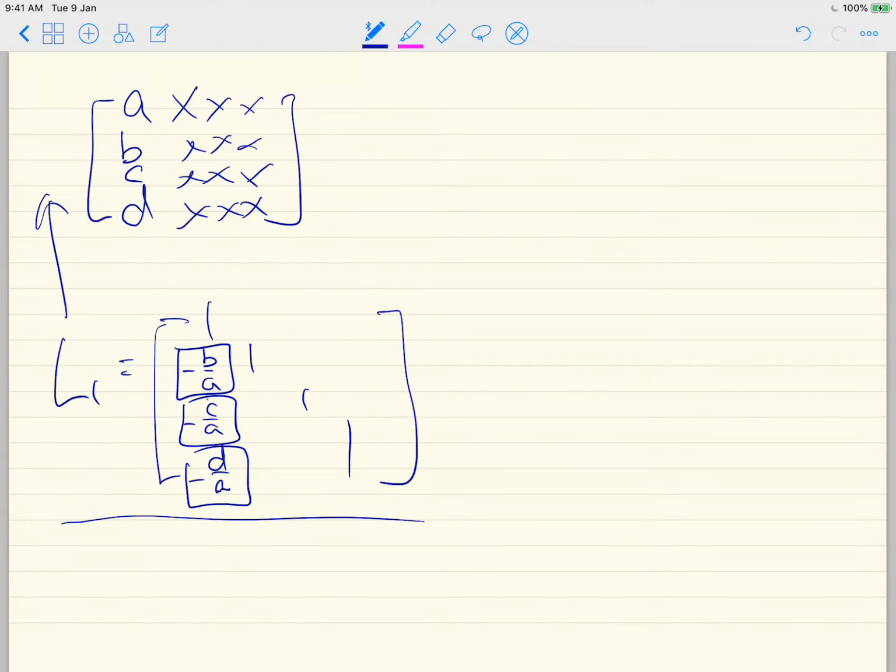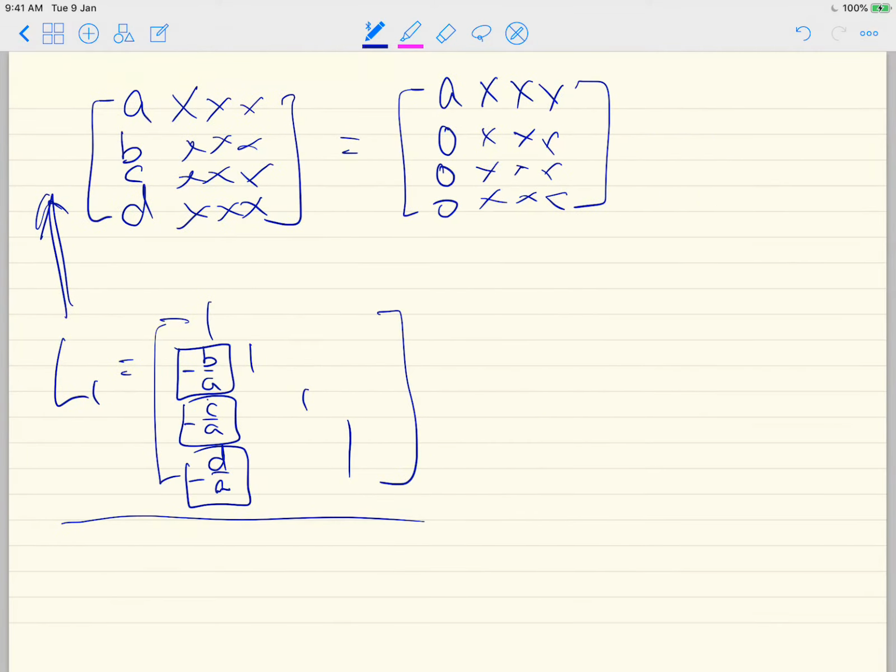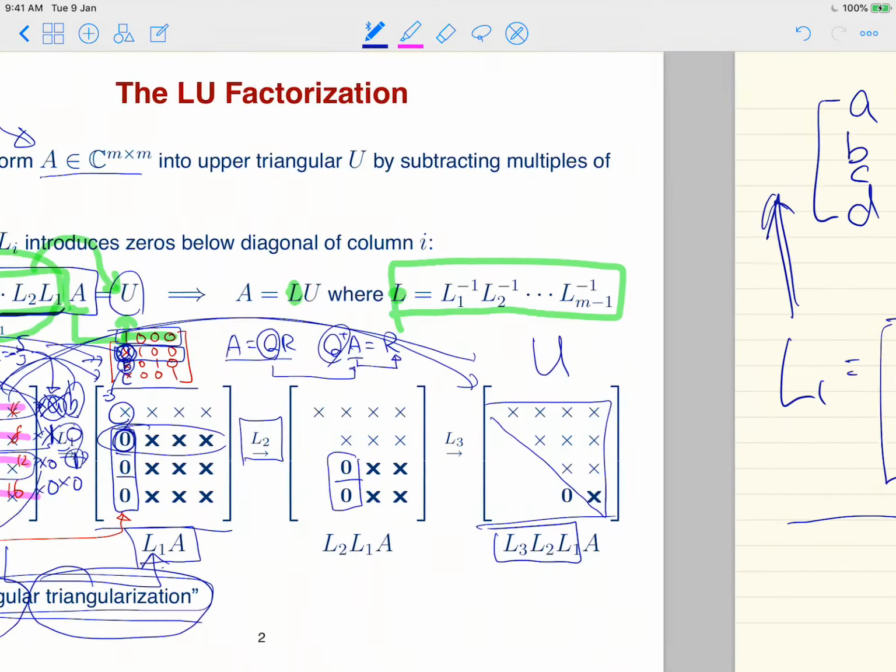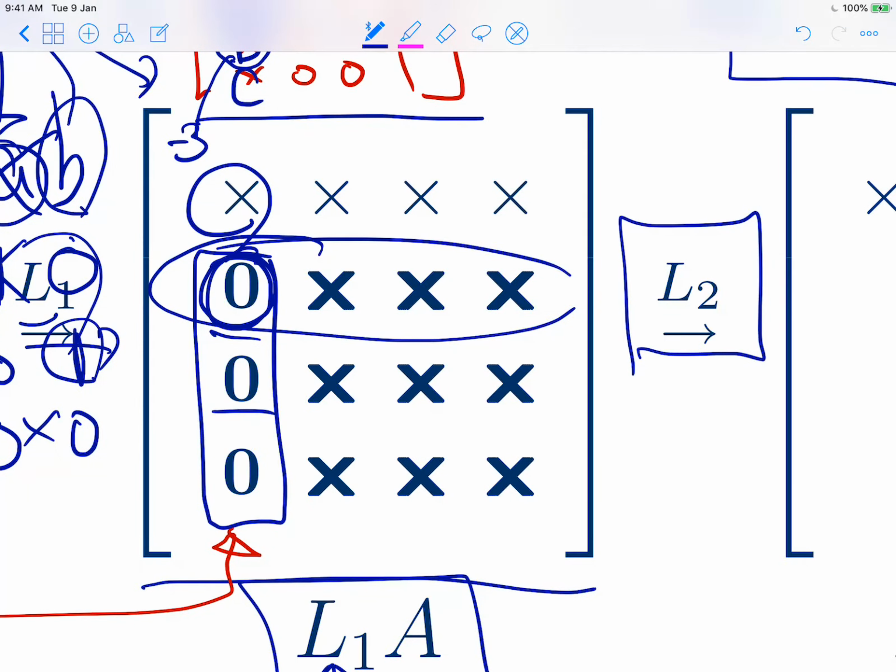And when multiplying L1 over here, the resulting matrix will be a and 0 0 0, and we have some values like this, right?